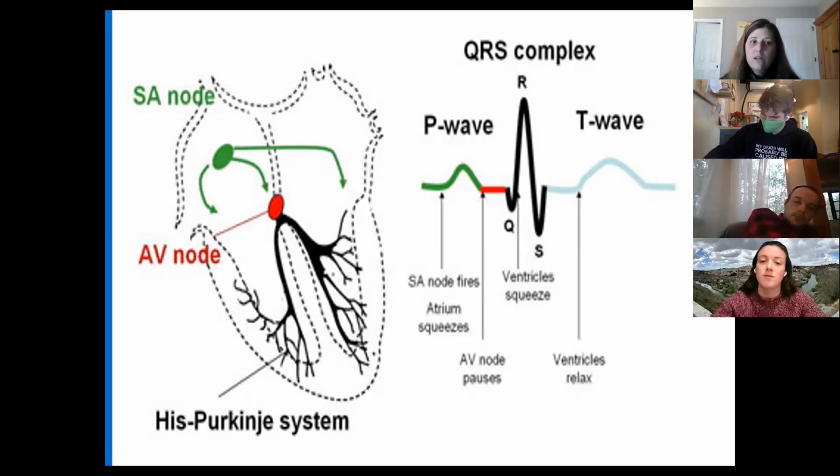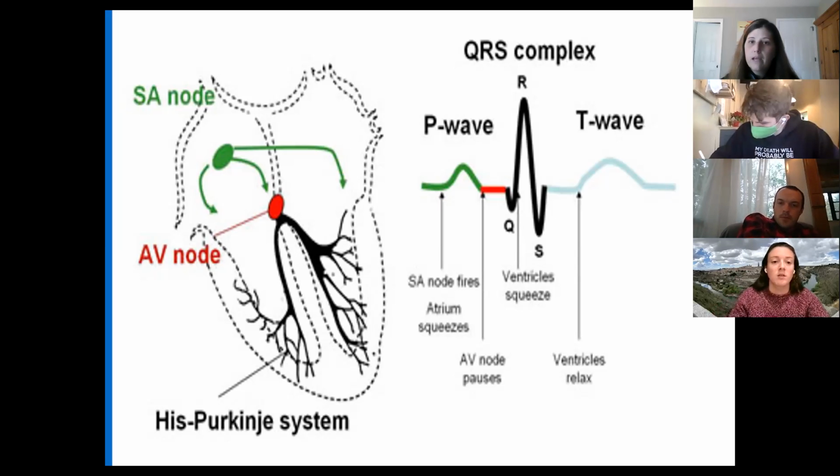Then the AV node that sits down there on the bottom floor of the atria, that's going to slow things down. Remember I said the AV node intentionally slows things down because we want the ventricle to receive all the blood from the atria. That's represented there by that little pause you see in red on about the middle of your screen on that EKG strip.